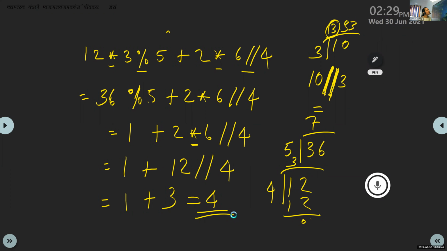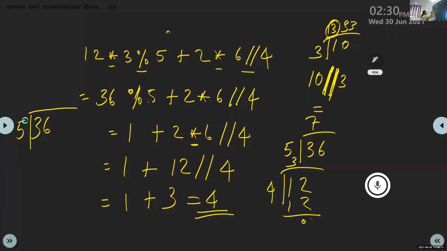Is it clear, Tushar? Ma'am, I didn't understand that mode. The modulo operator is used for finding the remainder. 36 modulo 5 means 36 is divided by 5.